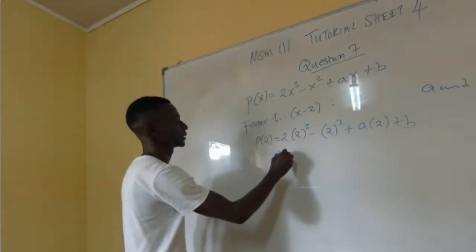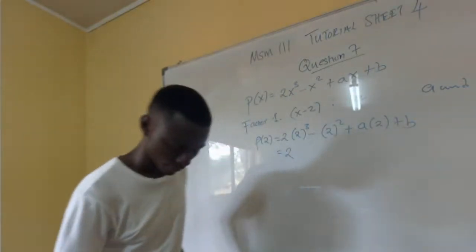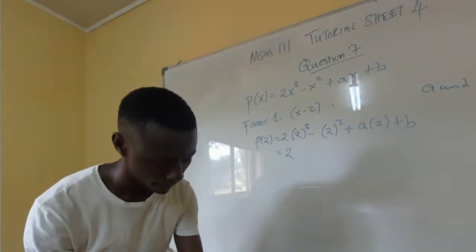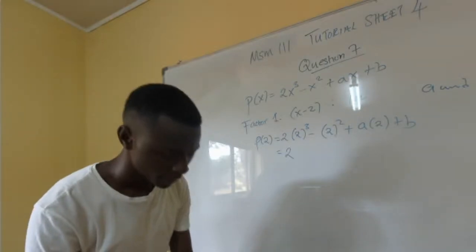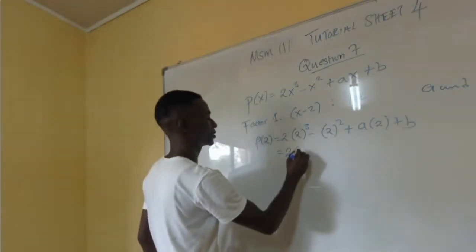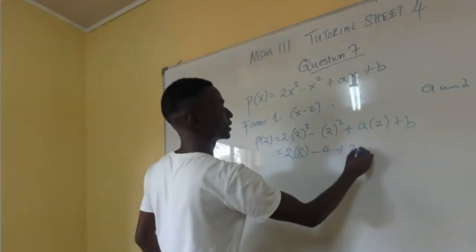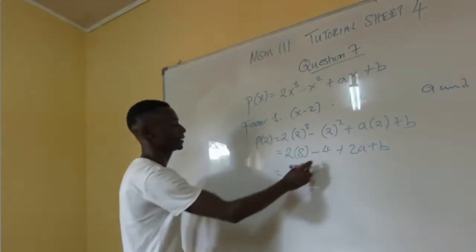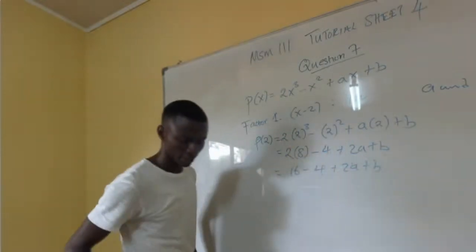So now from there, let's continue. So 2 to the power 3 is 8. 8 multiplied by 2, let me just do this, we get 16. Then minus 4, that's 2 squared, plus 2a plus b.